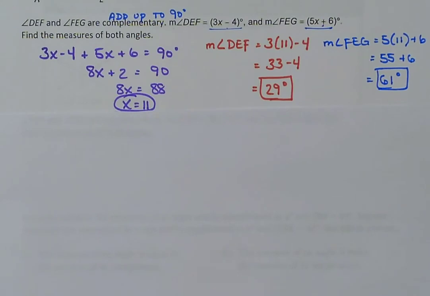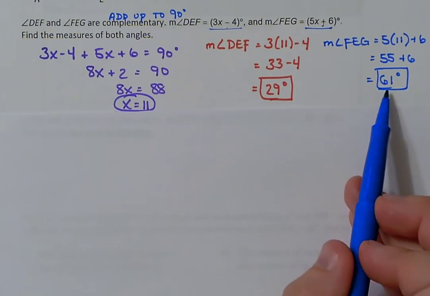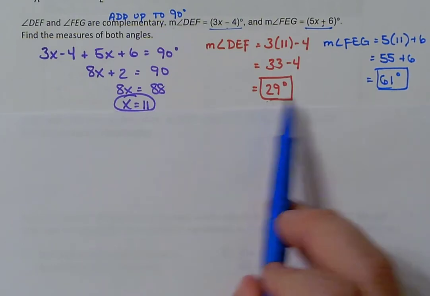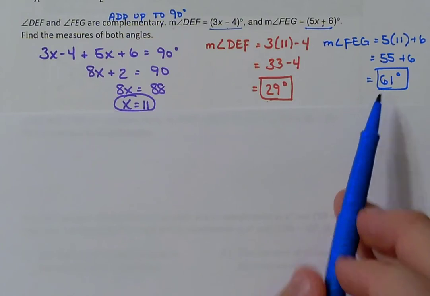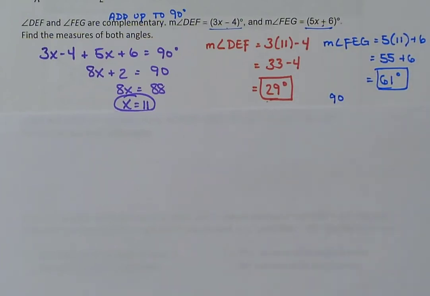So I have successfully found the value of x, which is 11, and plugged it back in to figure out that DEF is 29 degrees and that FEG is 61 degrees. If I did 29 plus 61, I would end up with 90, thus verifying that they are complementary angles.